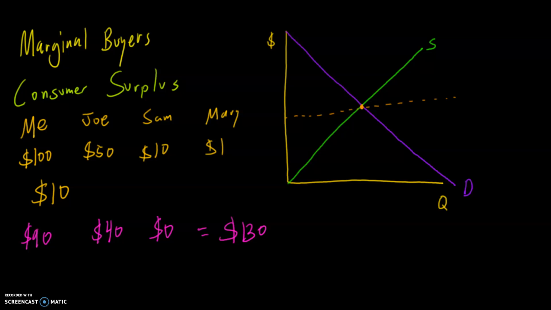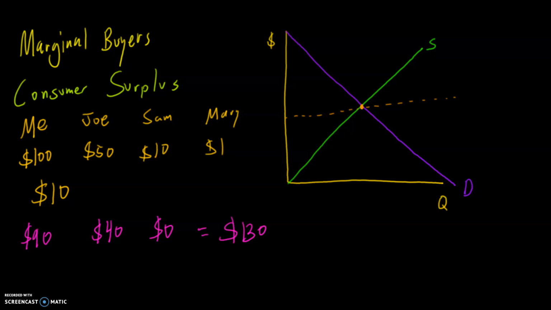Same thing with supply. It works in reverse for producer surplus. So for example, if a producer is a marginal seller at $10, that means that the minimum that they're willing to sell it at is $10. Then if the market price, for example, is $20, they receive $10 worth of producer surplus.